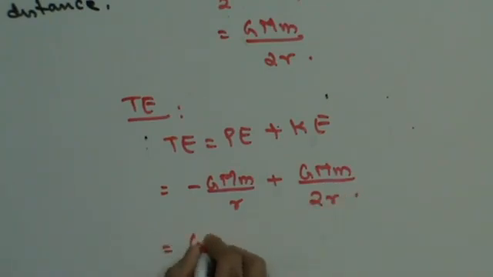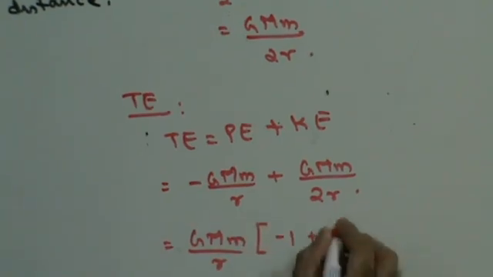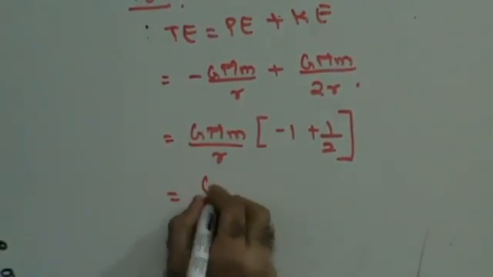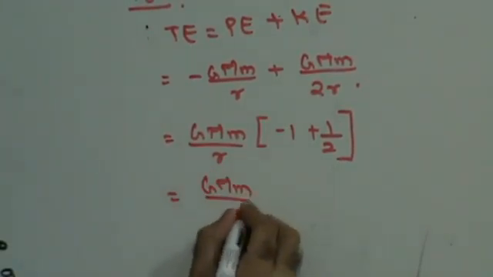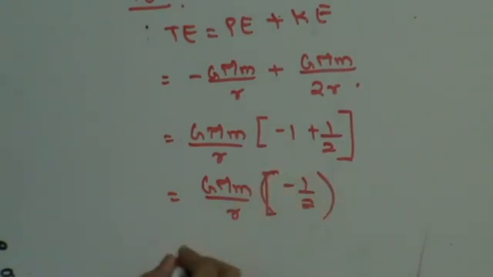So I can say GMm upon r, I can take common, in which case minus 1 plus 1 by 2. So this is GMm upon r into minus 1 by 2. So this is minus GMm upon 2r. That will be the total energy possessed by the satellite.